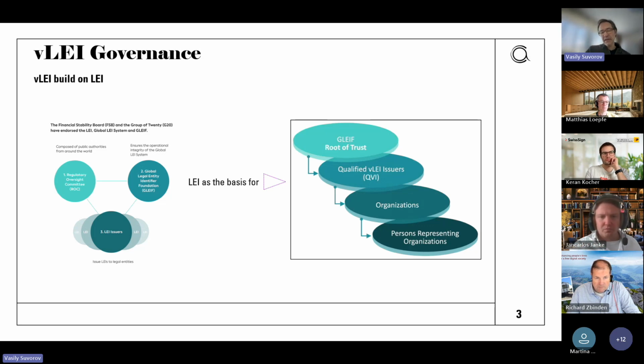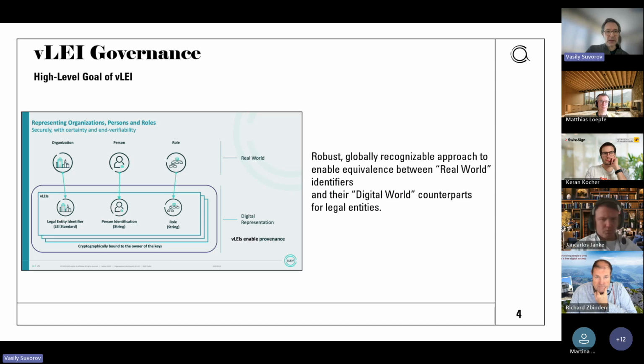So already vLEI, as you can see, is an enhancement, because in addition to just pointing to the companies, you now have people representing different roles, and we'll take a look at what these roles are. What we're really trying to do is create the basis for a completely electronic way of representing roles and mirroring the real world in the digital world.